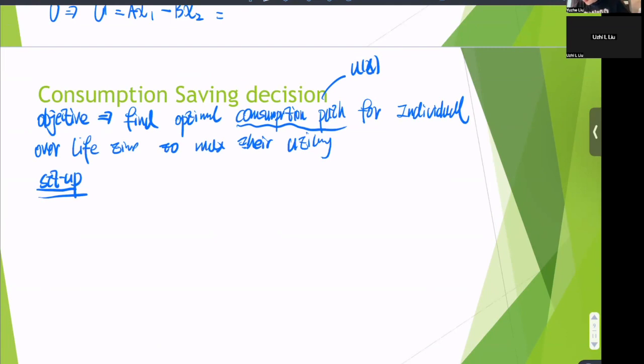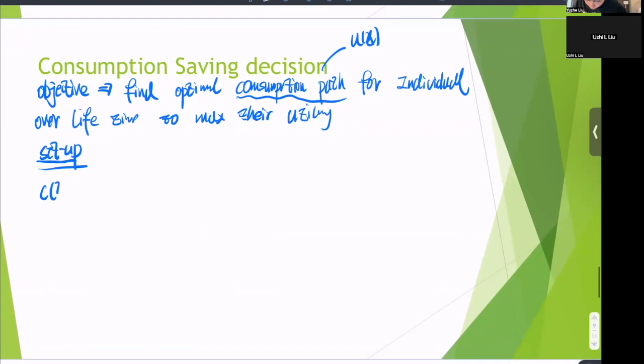So suppose an individual wants to maximize the present value of their lifetime utility from the consumption function c of t.